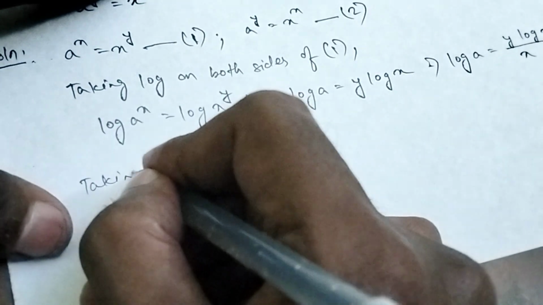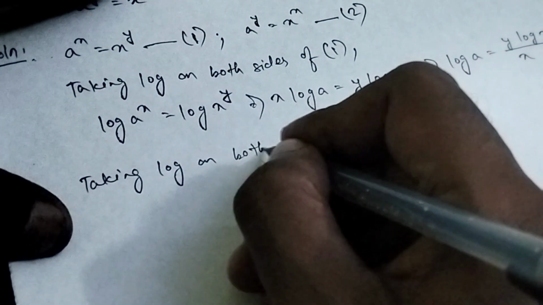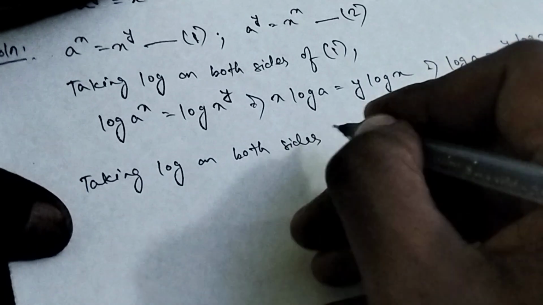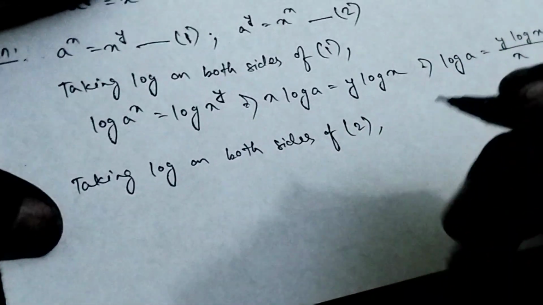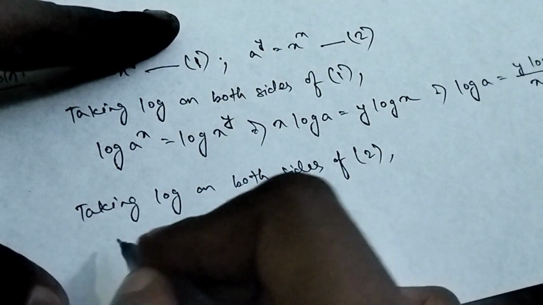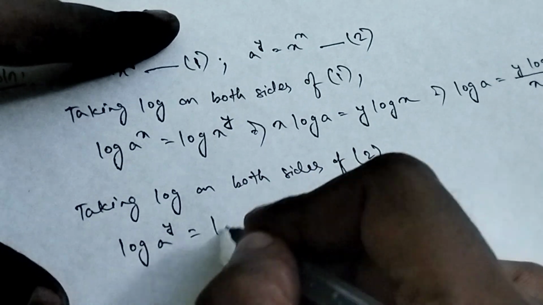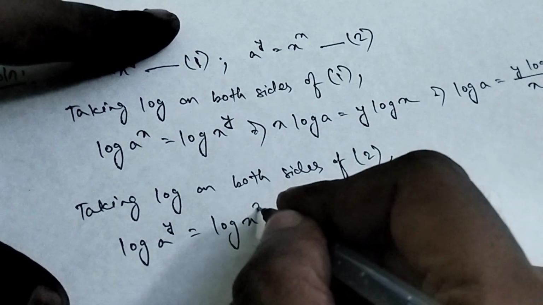Now what will I do? Taking log on both sides of 2. So it will be log a to the power y is equal to log x to the power x.